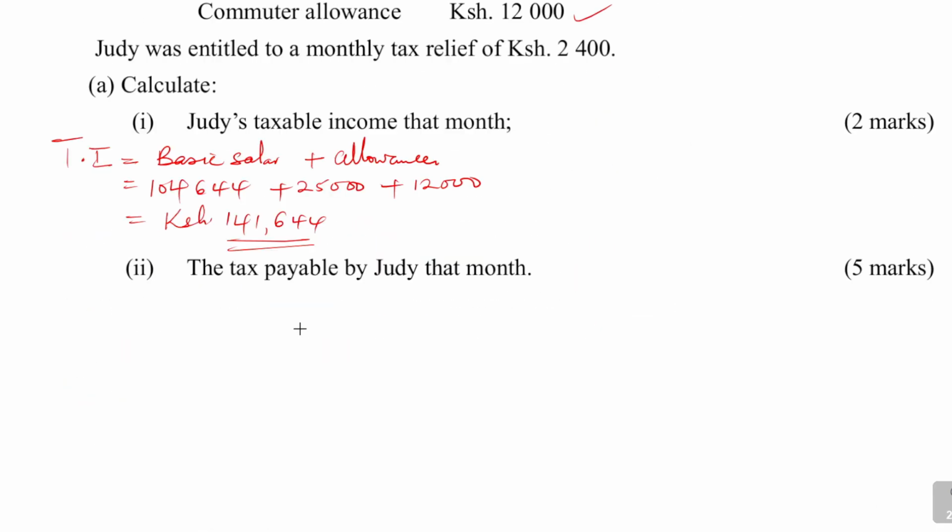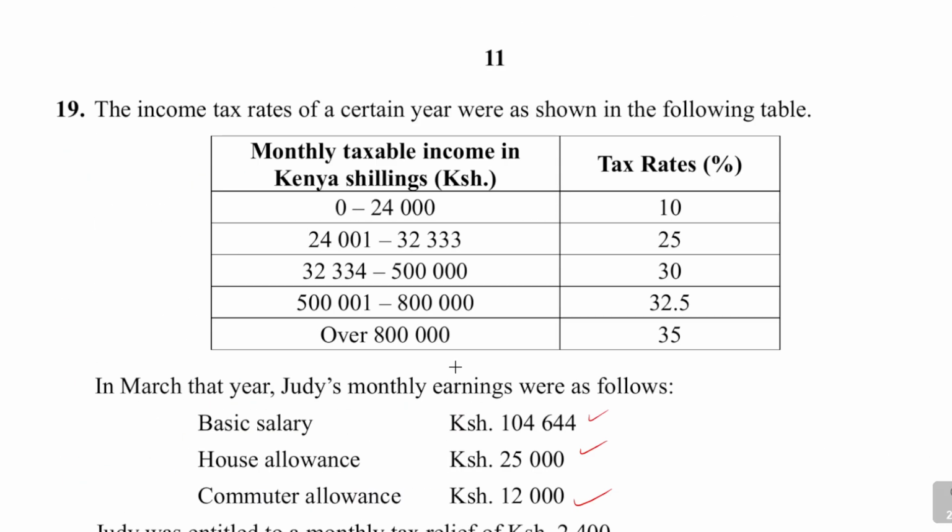So the amount there is 24,000, first band, and that is taxed at the rate of 10%. These should give a tax of 2,400.